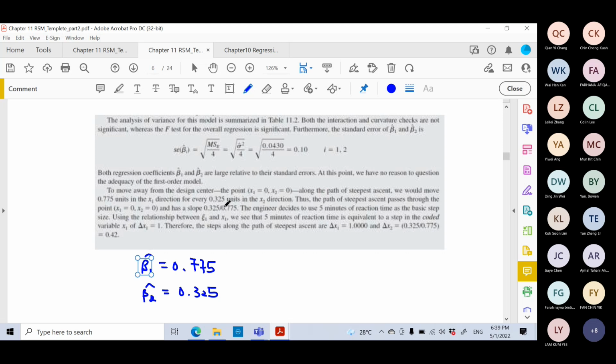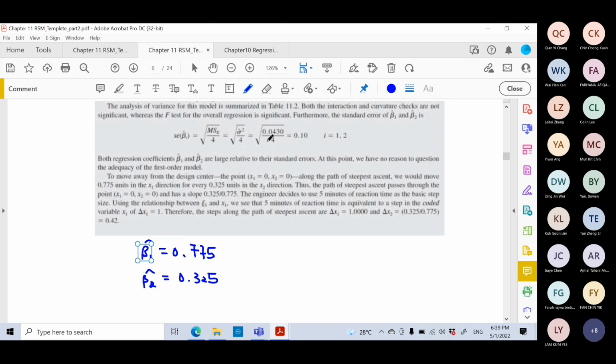After that, this one is the standard error for each one of them. Their standard error will be equal to the square root of the MSE divided by 4.